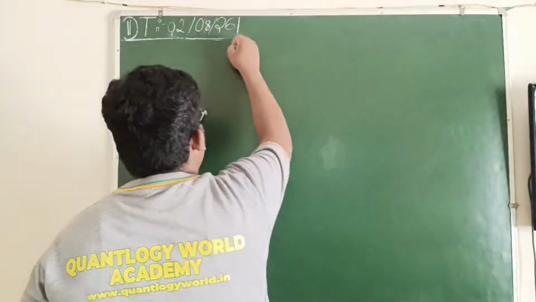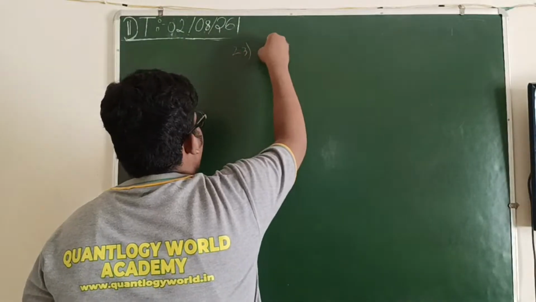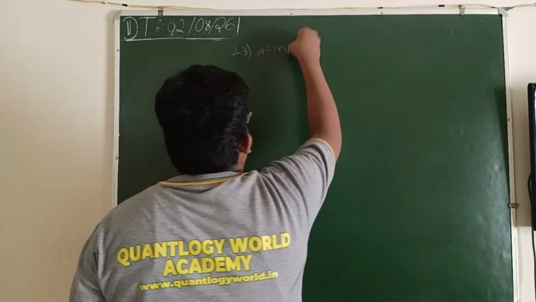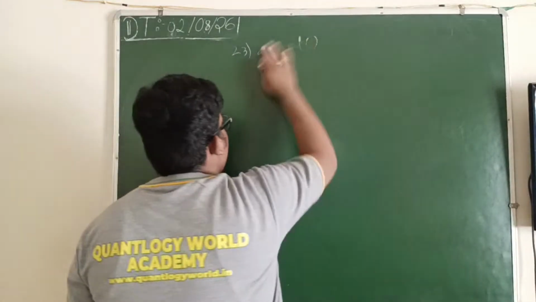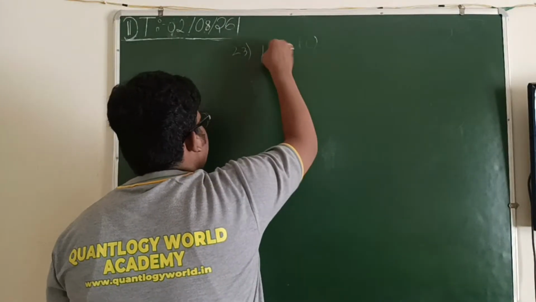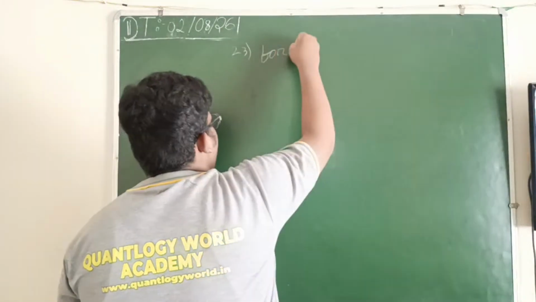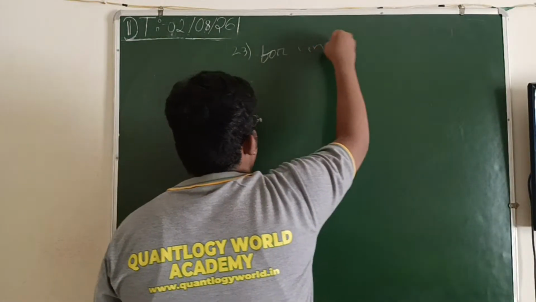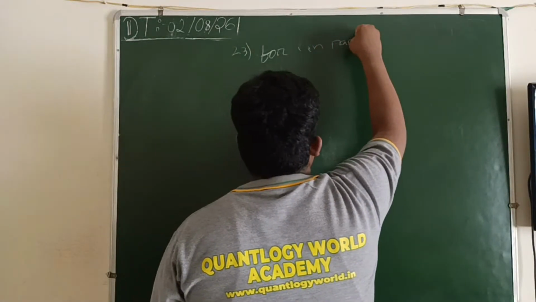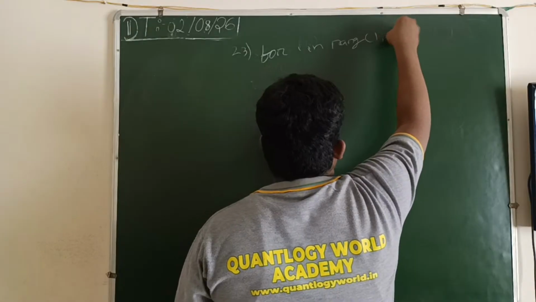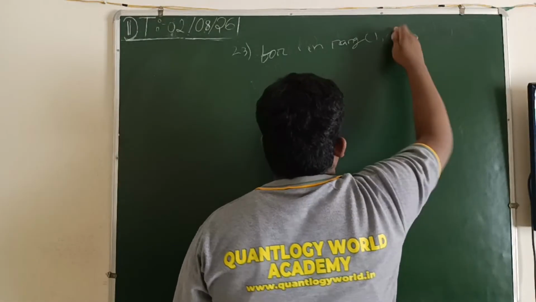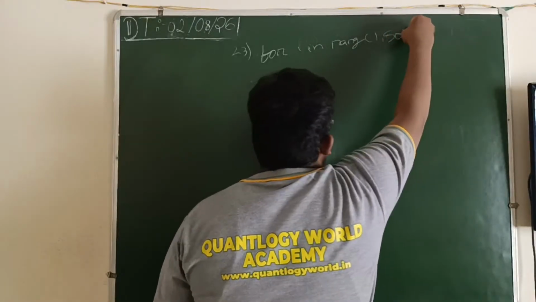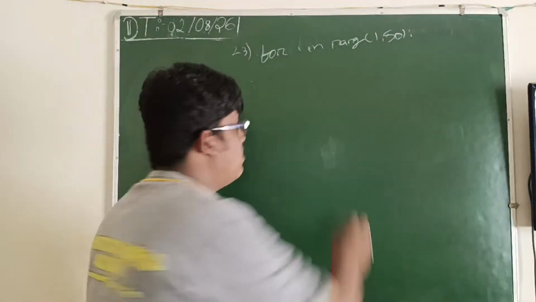Program number 23. To start, we'll write for i in range 1 to a plus 1. At a plus 1 we'll write 1 to 50. Let's take 50 numbers.